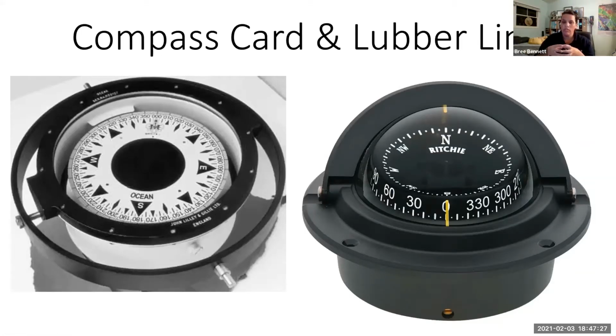And what moves, the lubber line, is the thing that indicates where you are pointing. And that lubber line is stationary with your vessel. And our vessel is moving around the compass. So it's not the compass that is turning, it's the vessel that's moving around the compass.